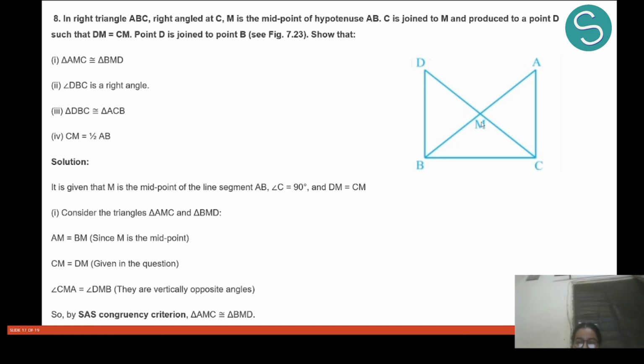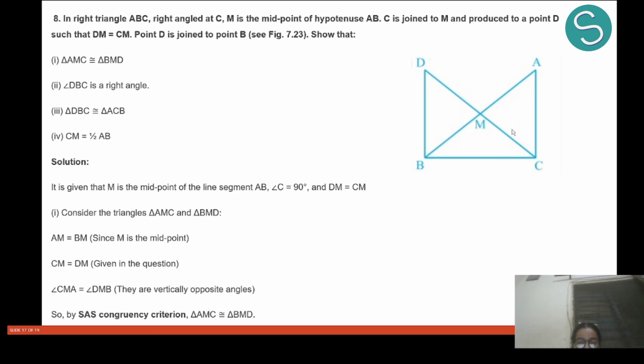That is, M is the midpoint of AB as well as CD. Then we have to show triangle AMC is congruent to triangle BMD. So how we will prove it: M is the midpoint, so these two sides are equal and these two sides are equal.